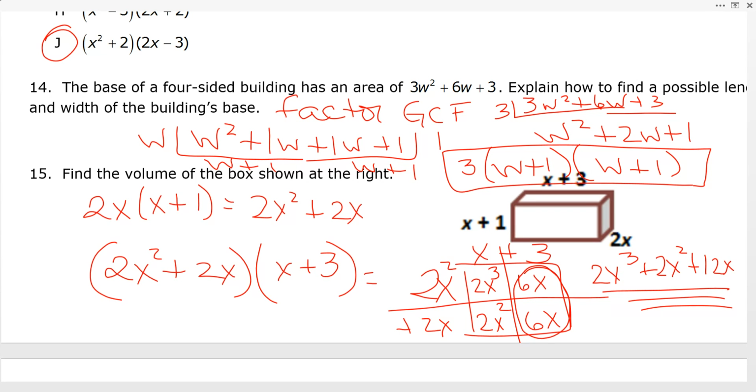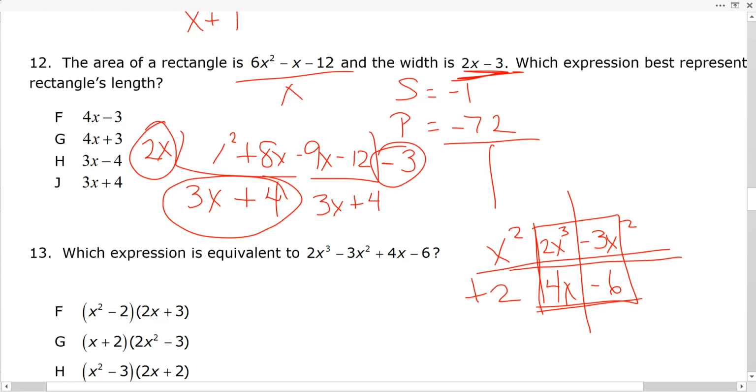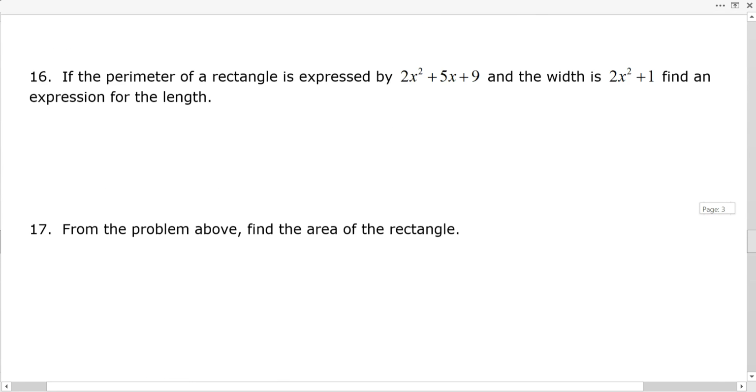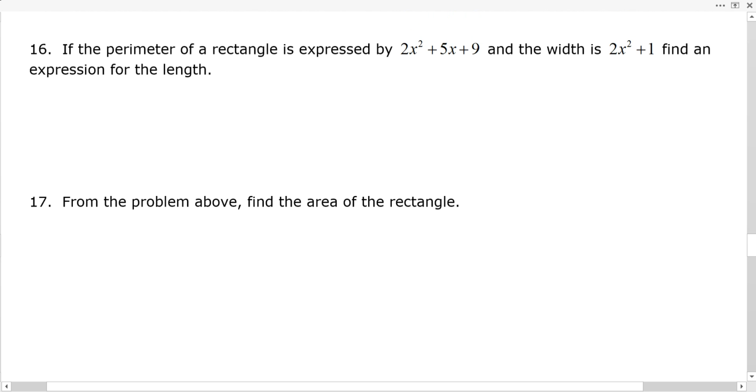Okay, so number 16 was a completely screwed up problem. Again, what a surprise. Again, I apologize. I don't know what I was trying to do, too many things at one time. And really, you can't find the length when you have this equation. So what we're going to do is double 2x squared plus 5x plus 9, and we're going to have 4x squared plus 10x plus 18, because that's going to be 2 times the length plus the width.